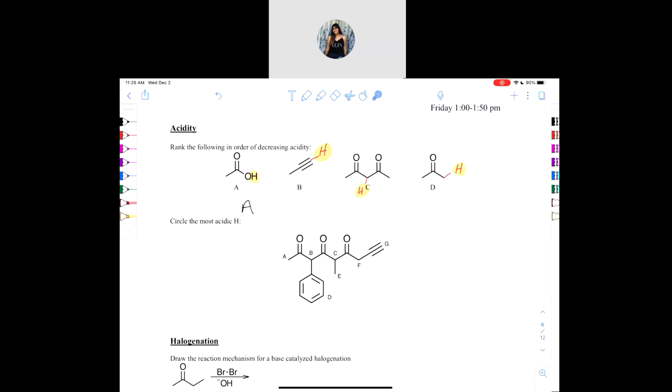Think about ICARIO. So none of them have a charge. This one is attached to oxygen. These are attached to carbons. Next thing we look at is resonance. Absolutely. So of these guys, we know that a triple bond, relatively speaking, has more resonance than a double bond or a single bond. But when compared to these allylic positions, do we think that the triple bond will be more or less acidic?